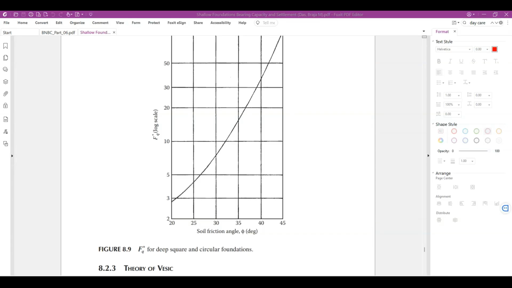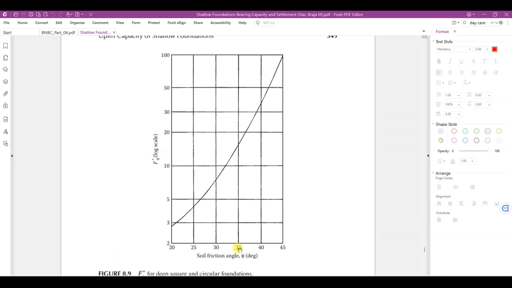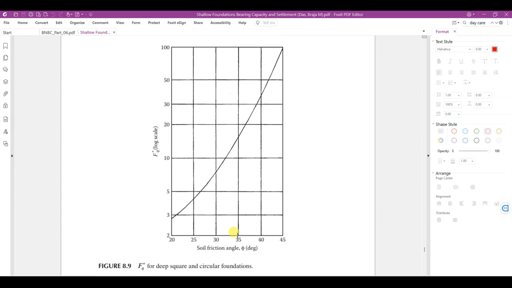There is another thing I have not discussed so far in the slide, which is the maximum permissible FQ value, the non-dimensional breakout factor, which you can use. Okay, so let's talk about this. Say, for example, when your soil friction angle phi is 35 degree or 30 degree, whatever, I'm taking here 35 degree for this example, then we get an FQ maximum equal to, say, for example, 8.